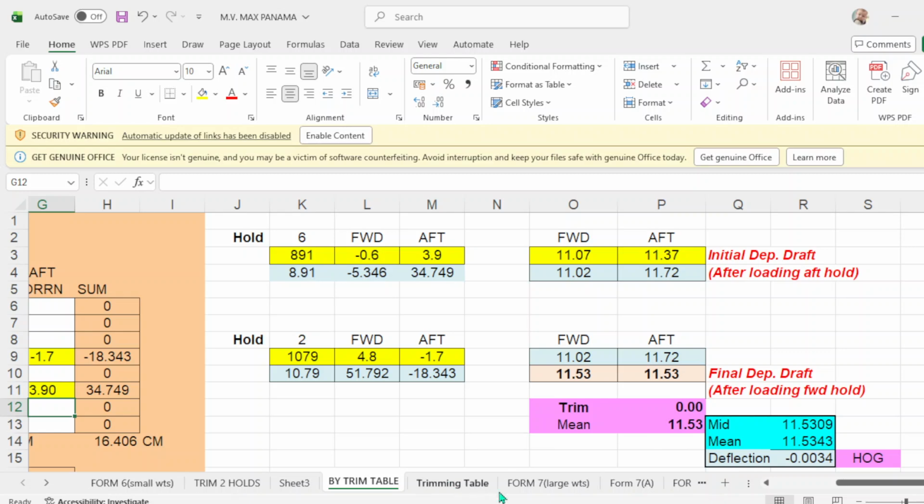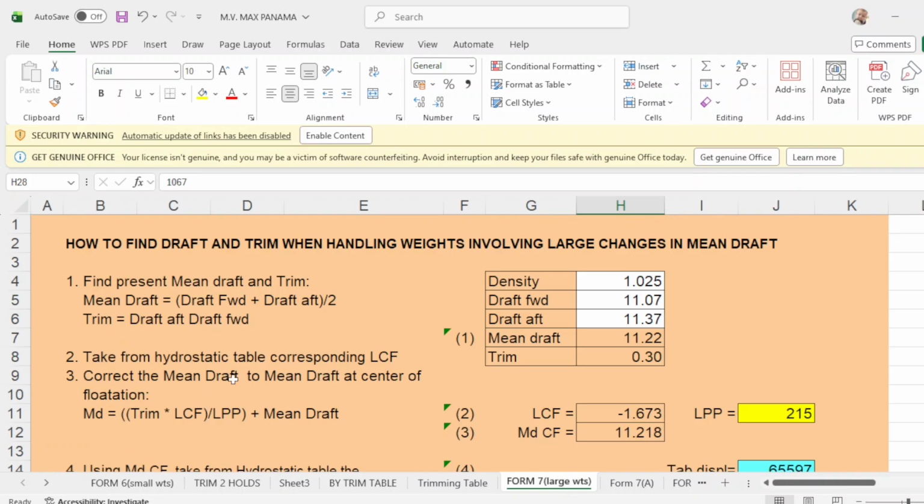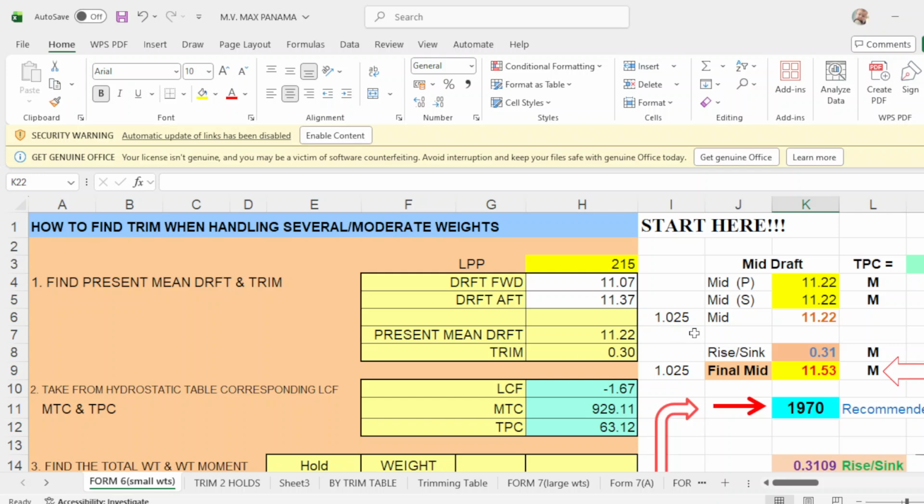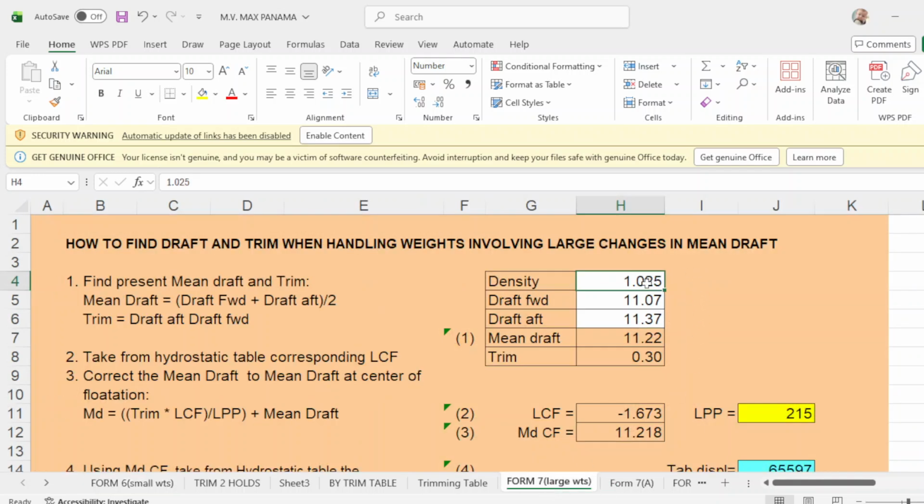Okay, then there's another program here, form 7, which is how to find draft when handling weights involving large changes in mean draft. So your initial density is 1.025. So I put here 1.025.